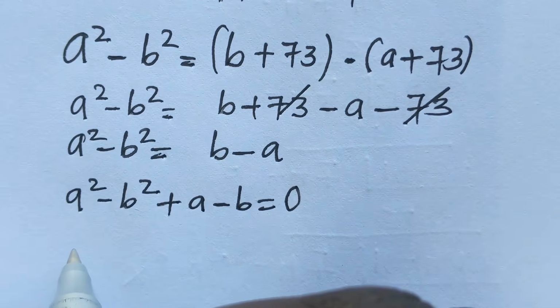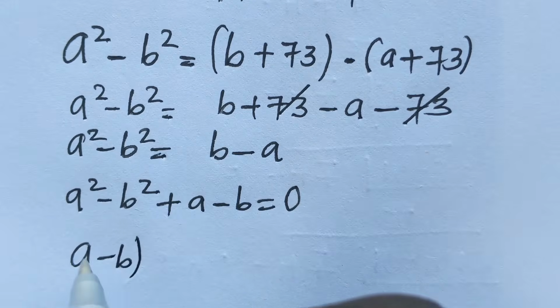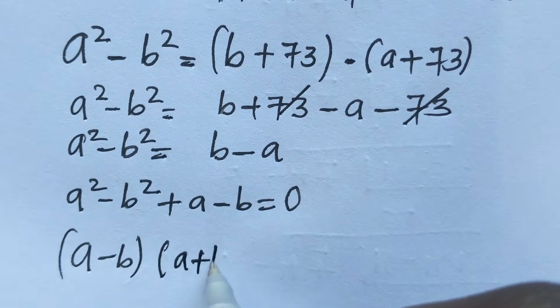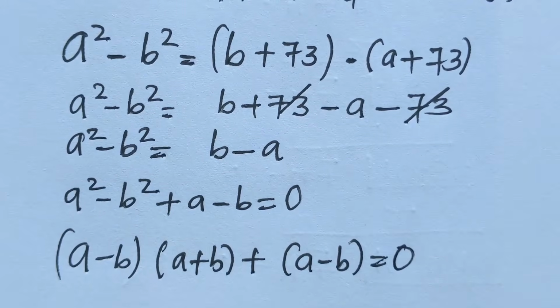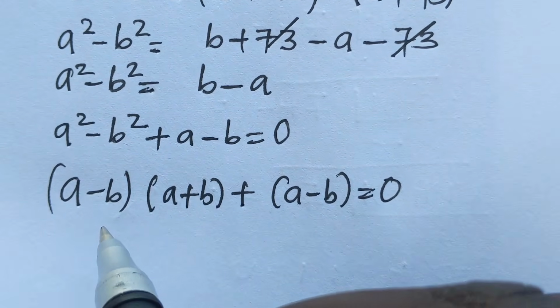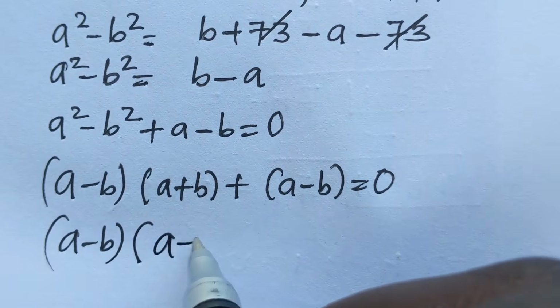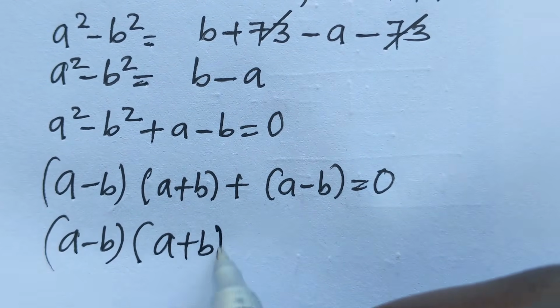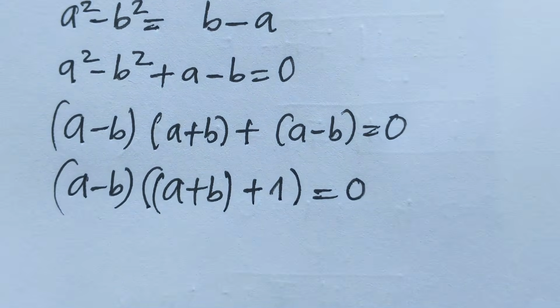At this stage we have a difference of two squares, where you can separate them: a minus b times a plus b, then plus a minus b, which equals 0. Because a minus b is common, we can factorize a minus b out to get a plus b plus 1, which equals 0.